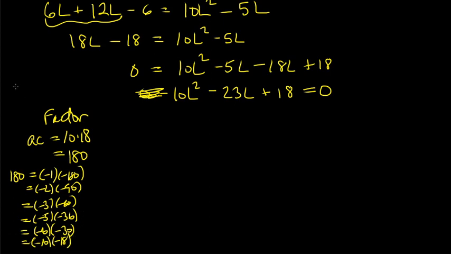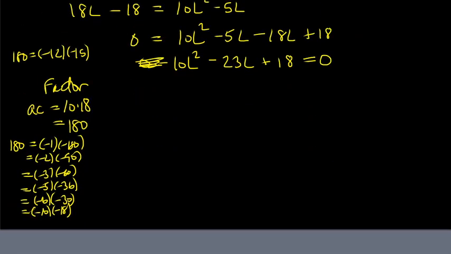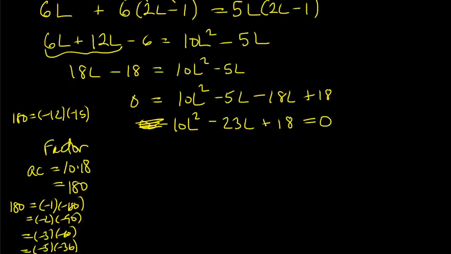It looks like it's, I'll write it way up here, negative 12 times negative 15. Oh no, that's 27. Oh, I thought that would work out. Yeah, so I don't think this factors.